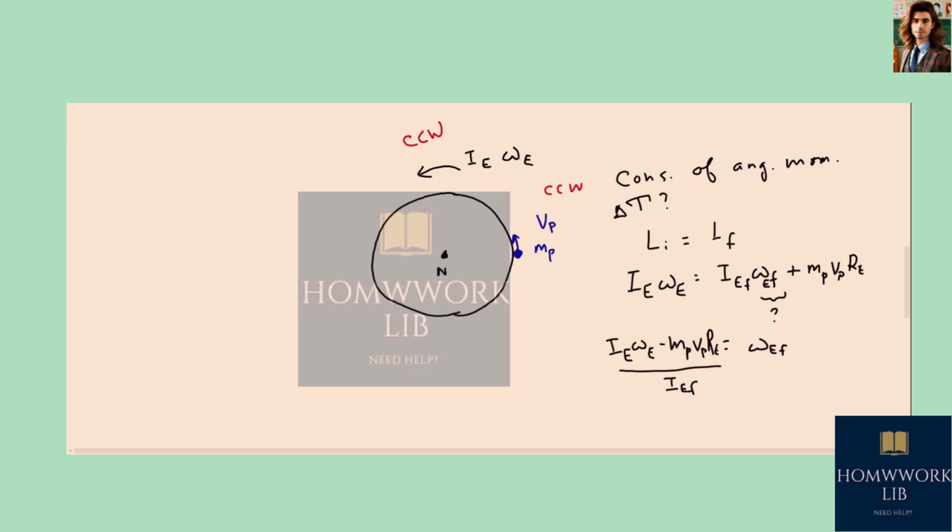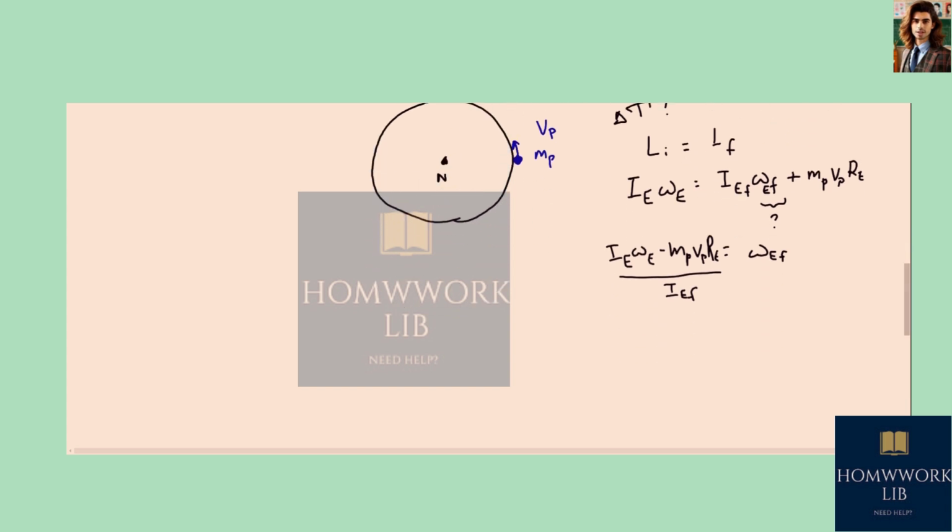And what that means is that the angular velocity is going to go down. So the angular velocity going down, and a reminder that period is the inverse of the angular velocity. So if the angular velocity goes down, the period must go up.